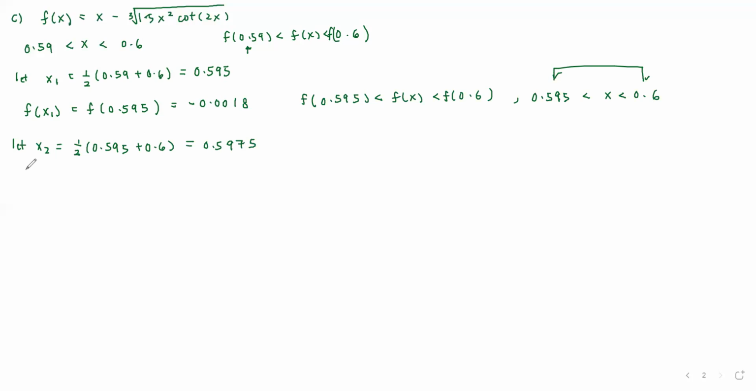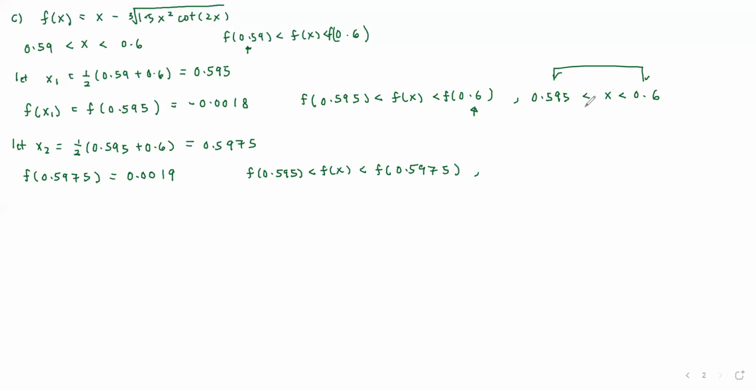That gives a value of 0.5975. Now we find the value of f at 0.5975. Just use your calculator, sub it in, and you should get a value of 0.0019. This is positive now, so we are going to replace that. So f of 0.595 is less than f(x), which is less than f of 0.5975.